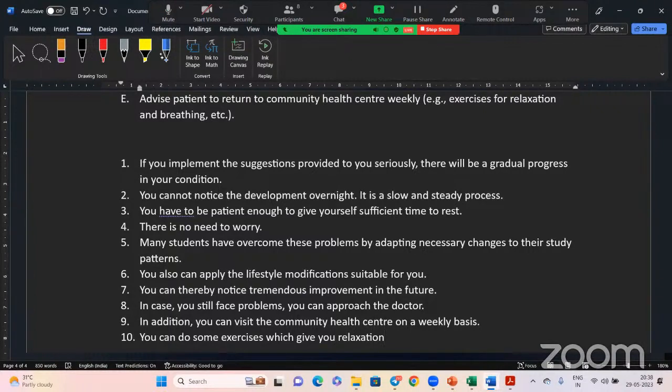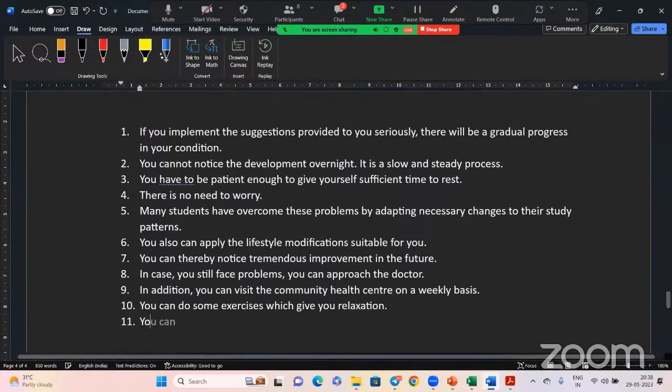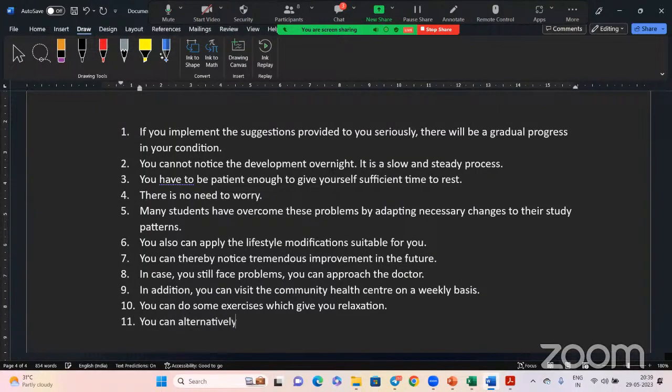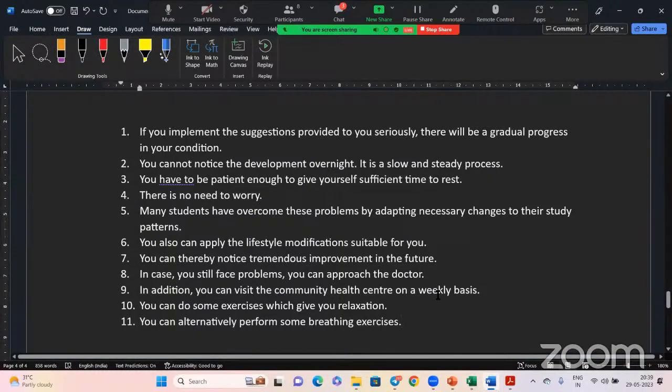You can alternatively perform some breathing exercises.